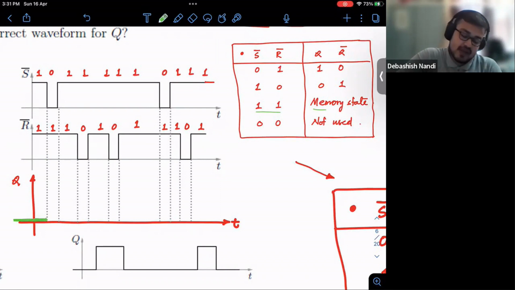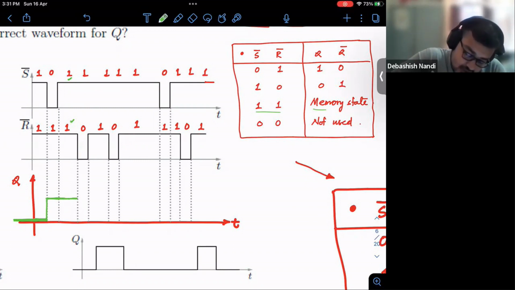It is a memory state. Fine. And now when 0 and 1 is there at the input, output will just follow the R. Till this point. Again, it is 1, 1. That means it will go to the memory state and store the previous value. What was the previous value? Previous value was 1. Fine.